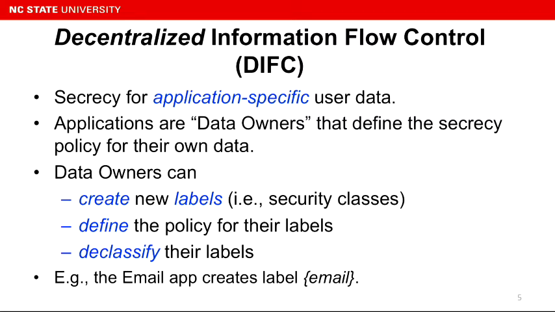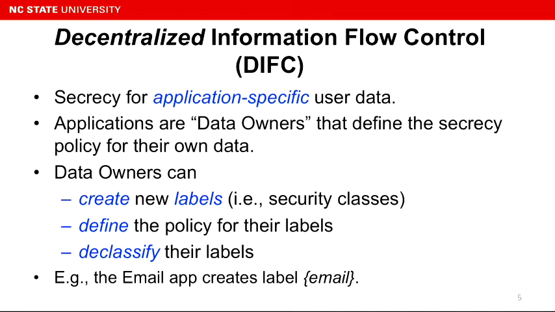That is, they can define the arrangement between these security classes, which defines the flow that is possible between them. And more importantly, they can define what declassification means for their own security classes. To put it simply, declassification is the removal of the security policy. It is the removal of the label. Data owners can control when the label over the secret data might be removed.